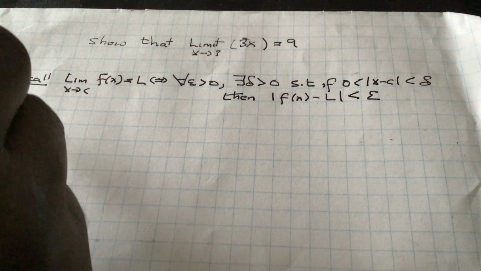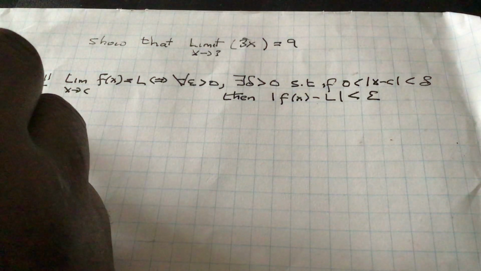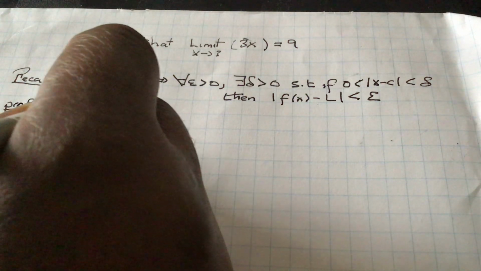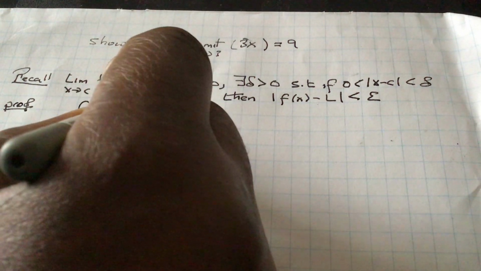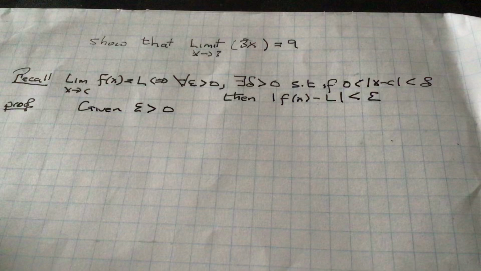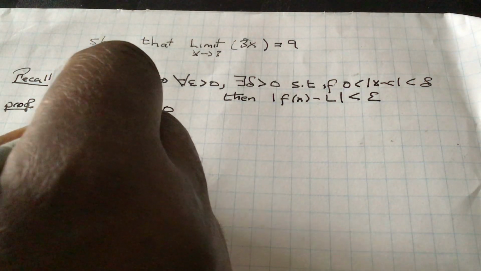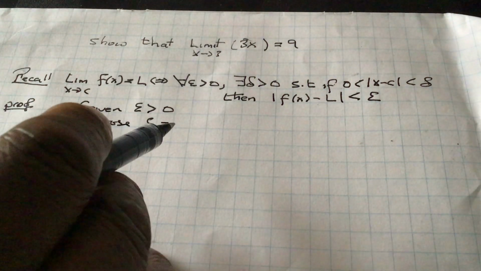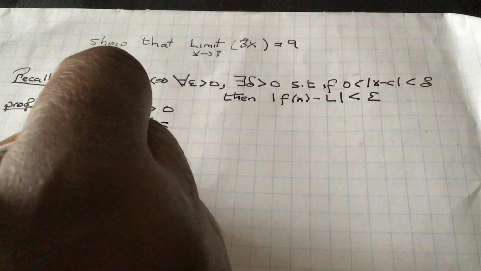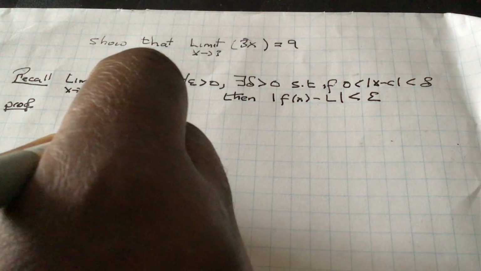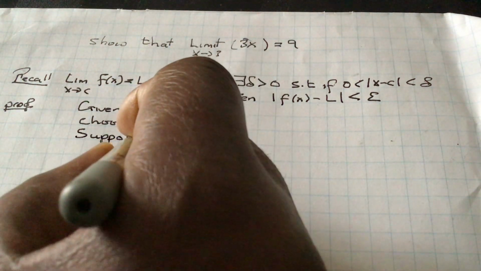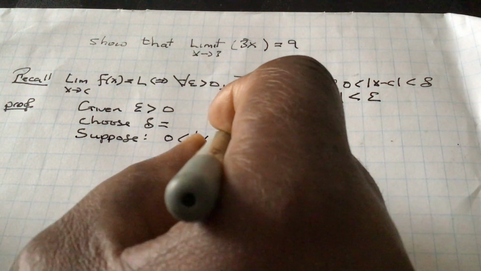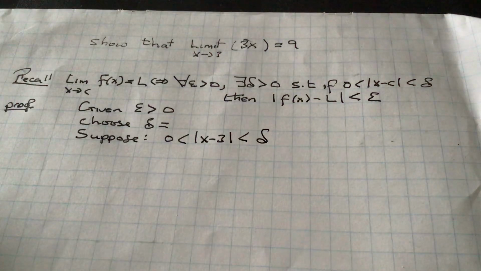Let's begin the proof. Given an epsilon greater than 0, we're going to choose a delta. We don't know delta yet. And suppose that this condition is less than delta.